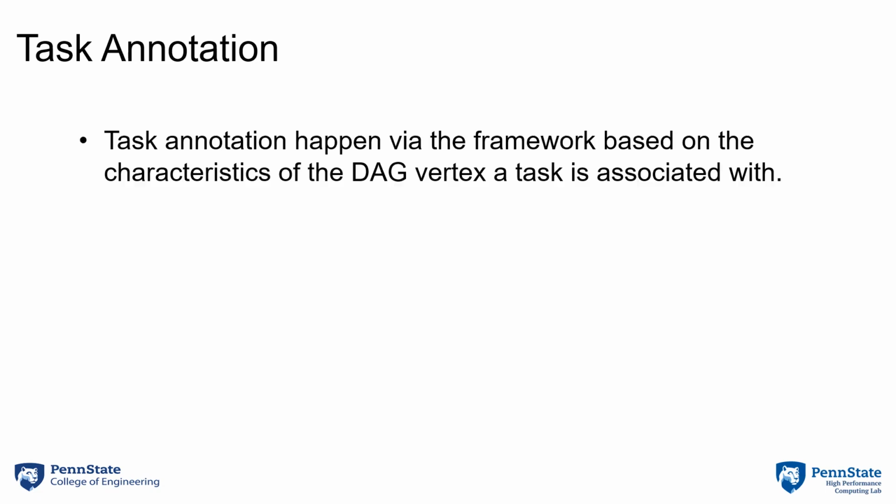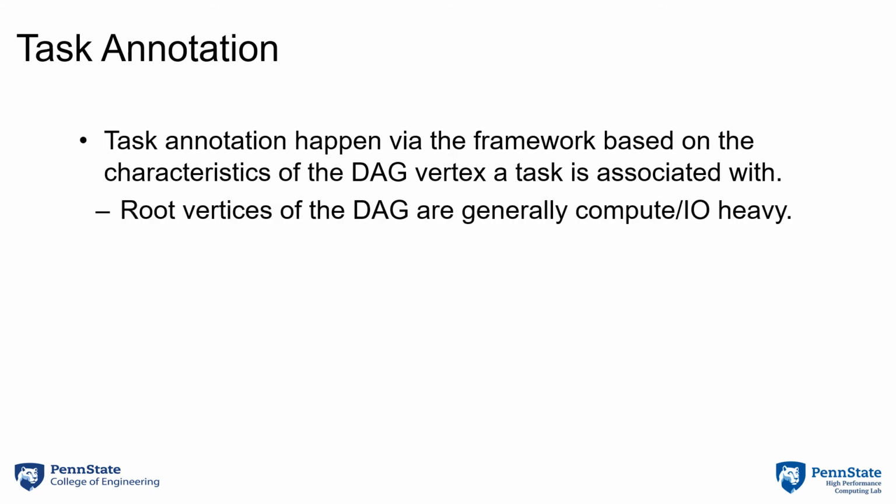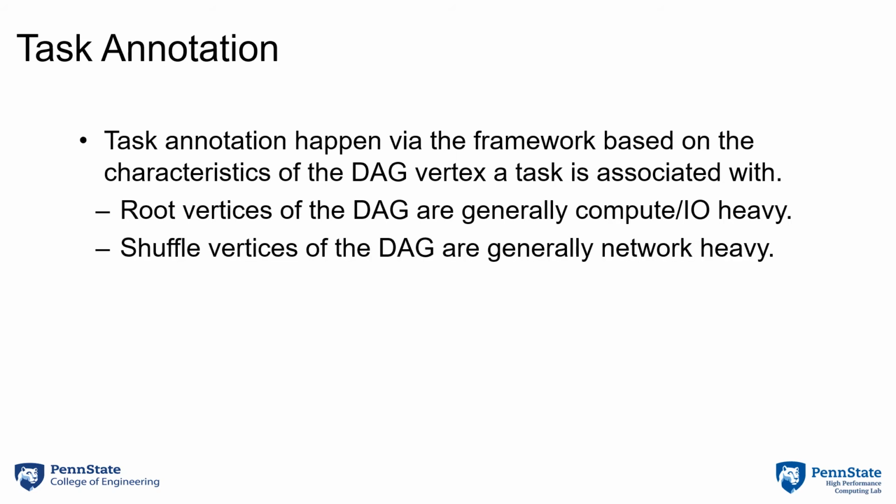Task annotation. Task annotations happen in the framework based on the characteristics of the vertex a task is associated with in the DAG. A vertex of a DAG is synonymous to a stage in Spark. Now, entry level vertices of a DAG, which are also called root vertices, are essentially compute or IO heavy. Similarly, shuffle vertices, which shuffle a lot of data, are essentially network heavy.